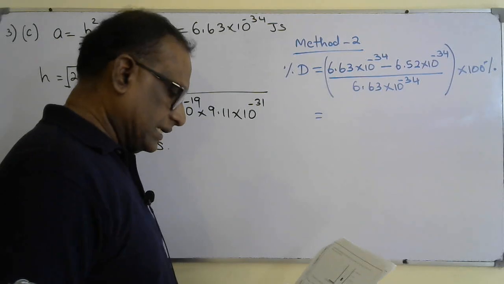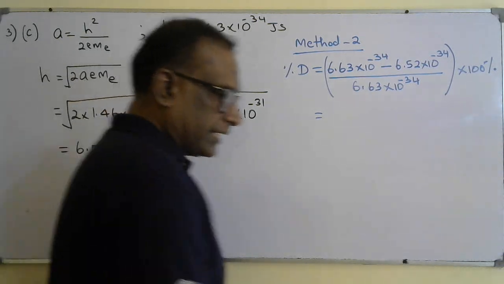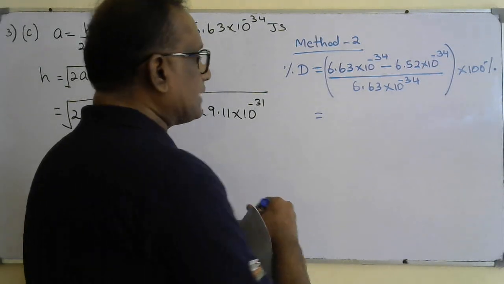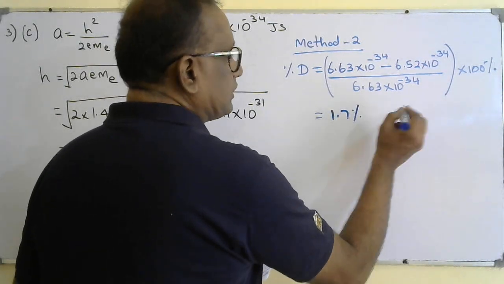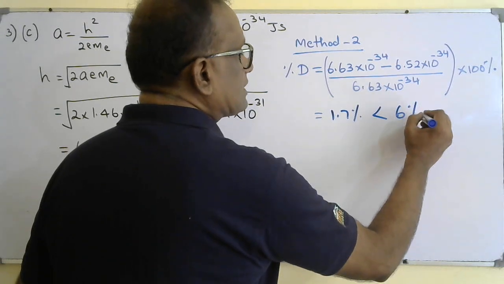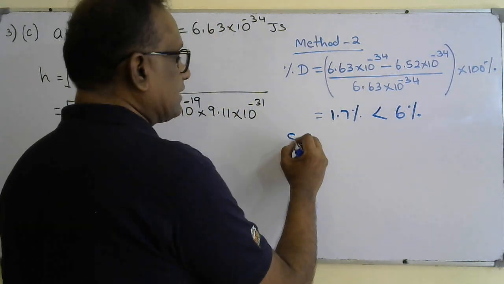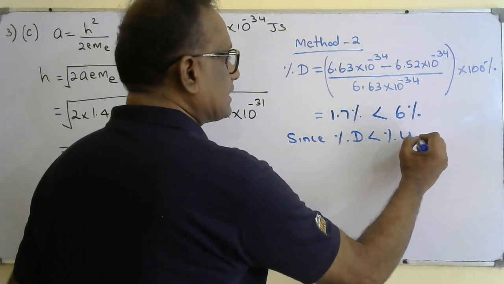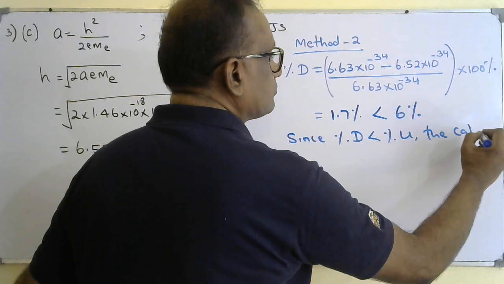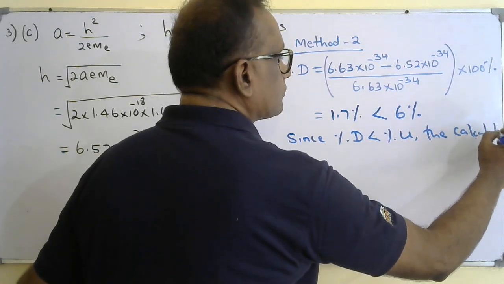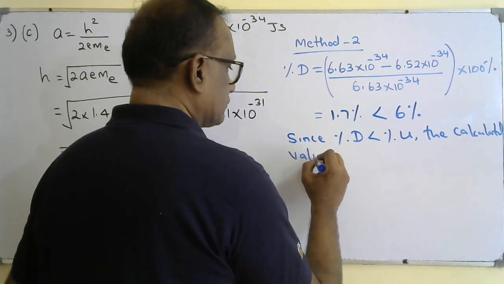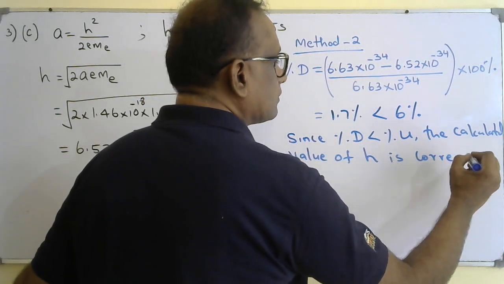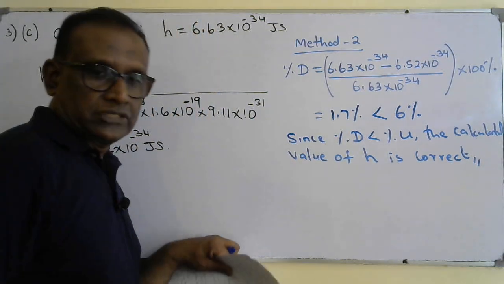If you calculate this, the percentage difference will be 1.7%, which is less than 6%, the percentage uncertainty. So since the percentage difference is less than the percentage uncertainty, the calculated value of h is correct. That's the conclusion. Either way you can do it.